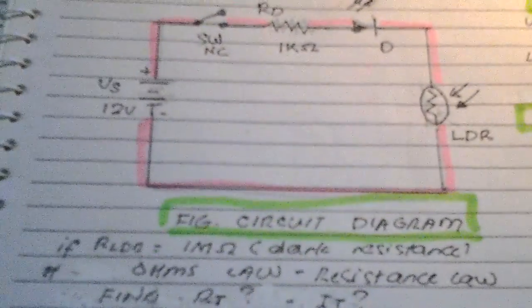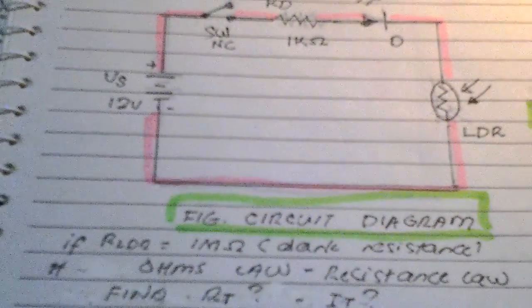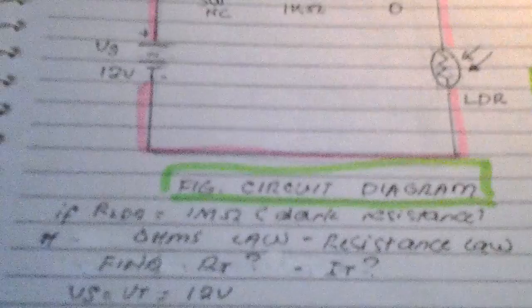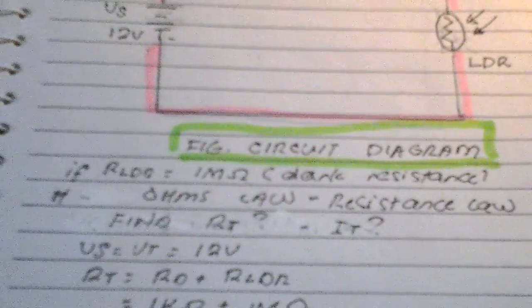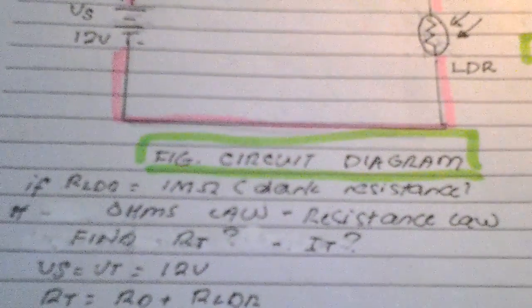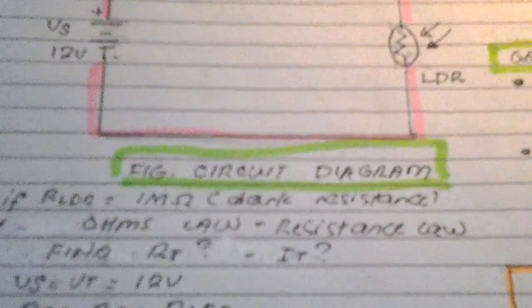So let us explain that dark resistance. If the resistance of the LDR is equal to 1 mega ohms, that is dark resistance.